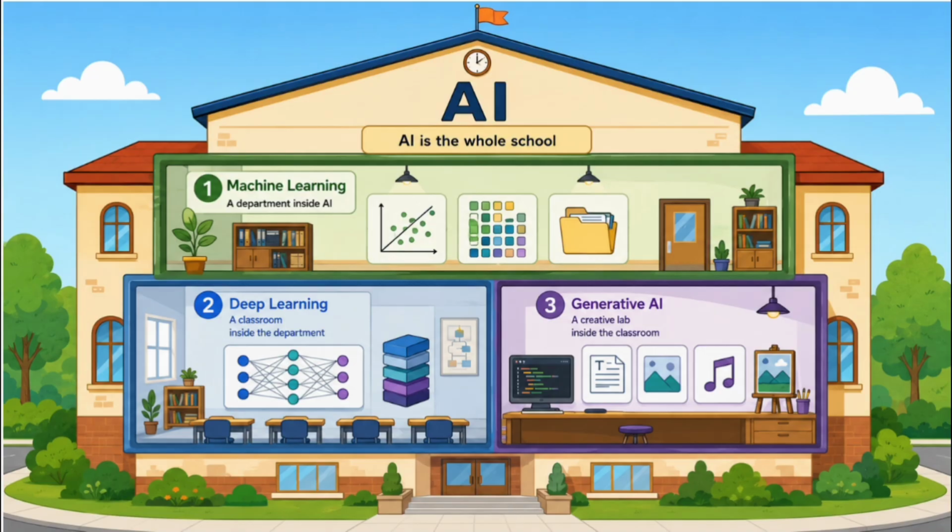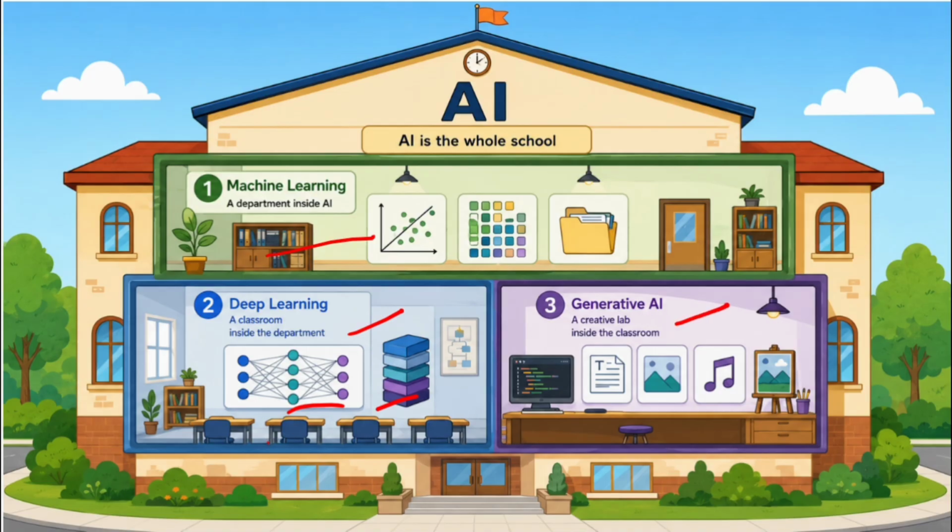You can look at this school analogy. With this I will explain everything so that you will never forget. The whole school is labeled as AI. Inside the school there are departments, called machine learning. Inside the machine learning department there is a classroom called deep learning, and this classroom uses neural networks and many layers.